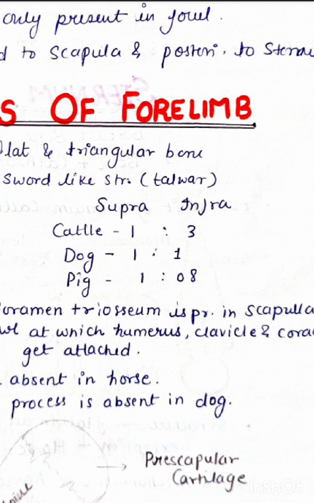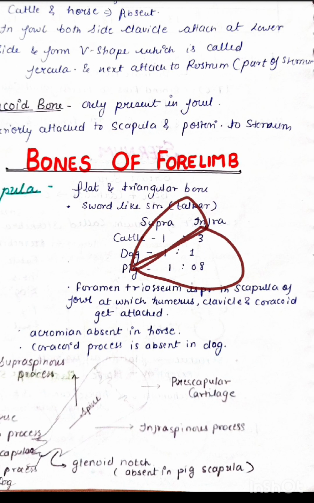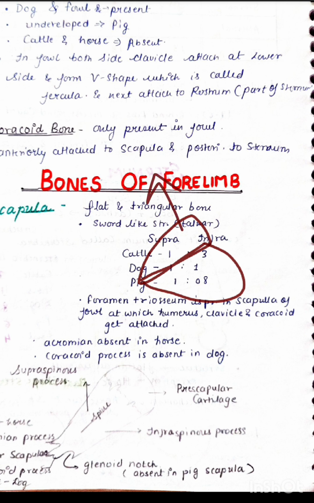So in the pig, the supraspinous process is just one, but in comparison to that, the infraspinous part is much wider than that upper part.